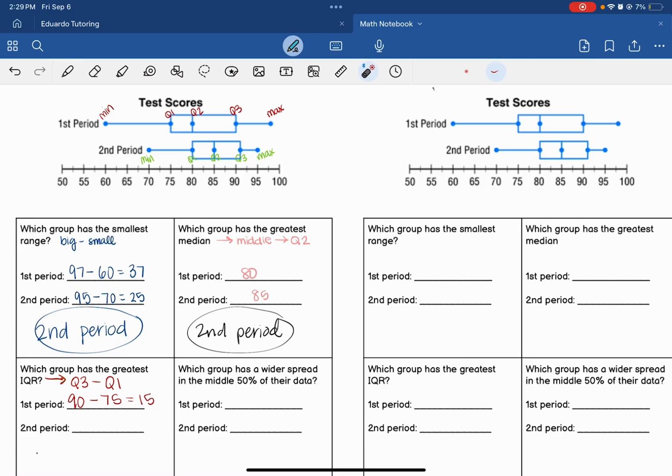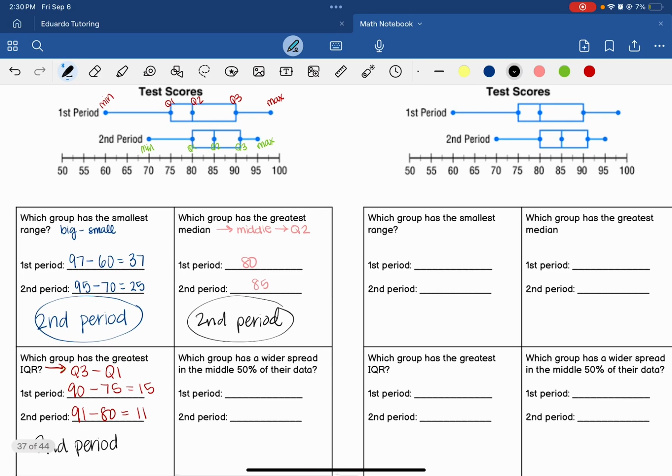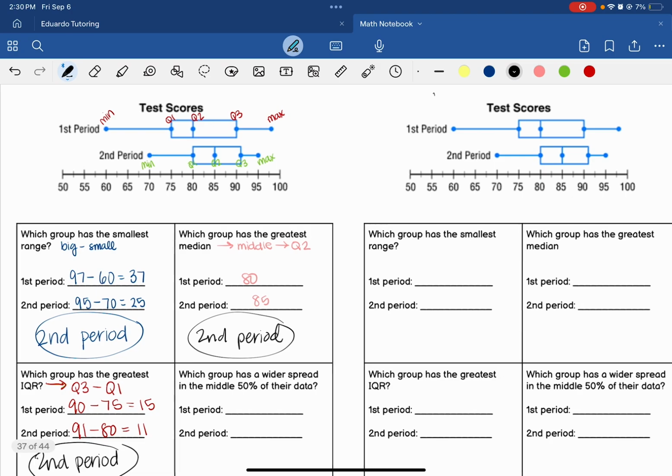And then for second period, it looks like Q3 is like 91 and Q1 is 80. So 91 minus 80, which gives us 11. So in this example, the group that has the greatest IQR is going to be second period. Press pause if you need to.